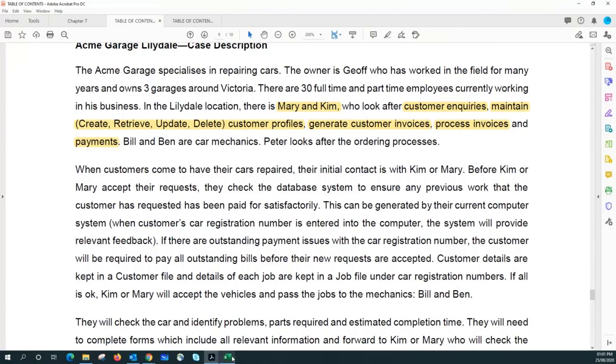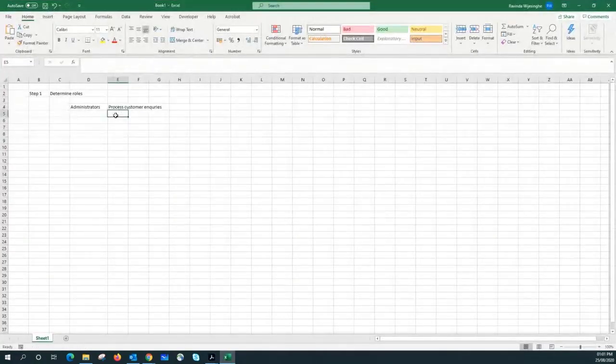Maintain customer. Maintaining means updating, deleting, adding, everything regarding the customer.